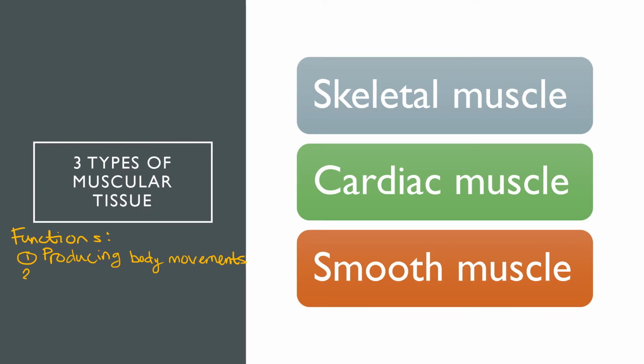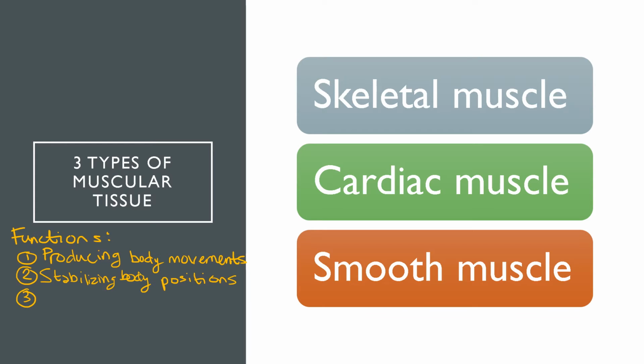Our second function is going to be stabilizing body positions. You can think of your skeletal muscles helping you sit up straight in your chair or stand on one leg, for example.